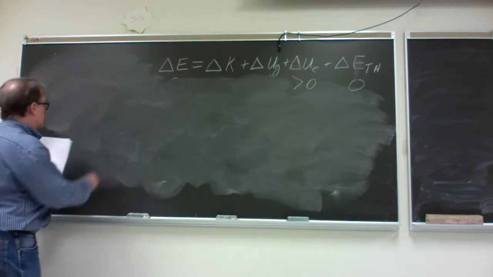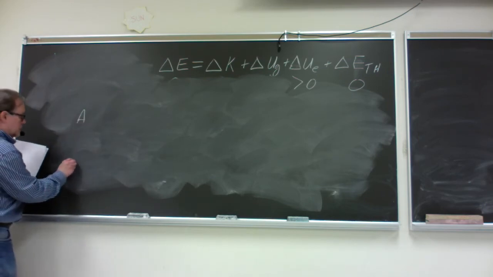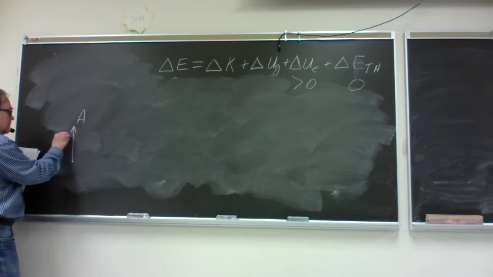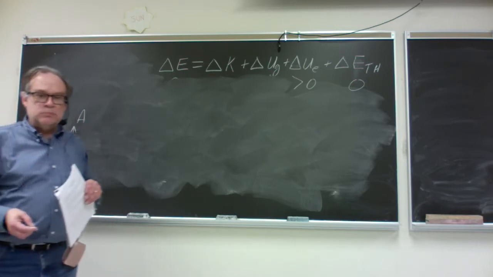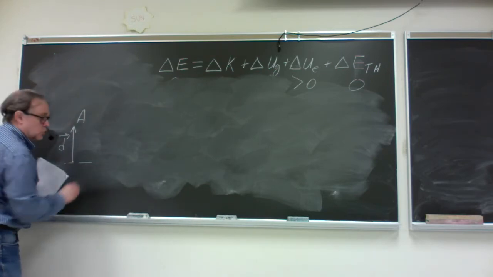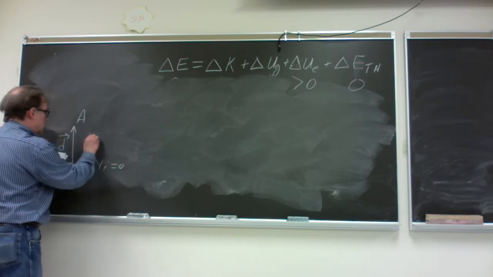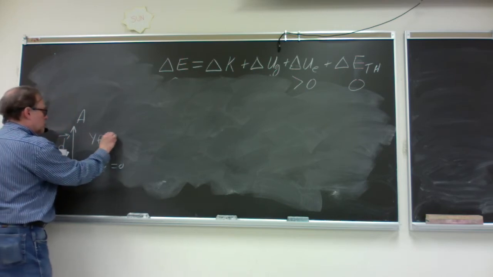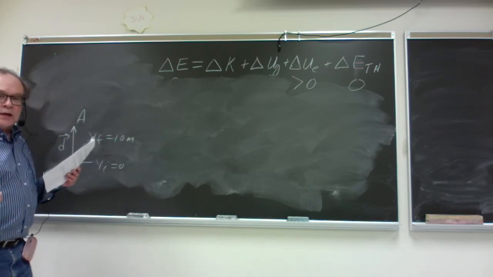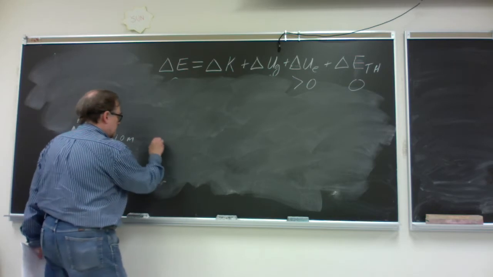Just to demonstrate that, let's say coordinate system A. You've got some object and you raise it by some displacement from some lower level to some higher level. And let's say in coordinate system A, the initial location we'll call 0, and the final location we will call 10 meters. So in that case, what's the change in gravitational potential energy?